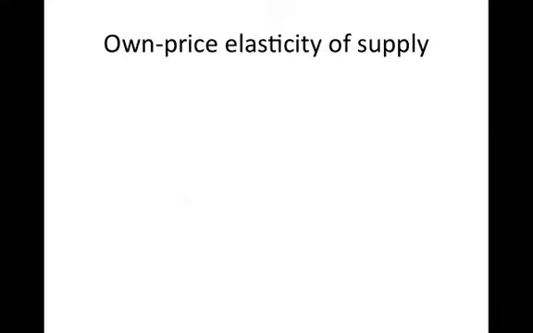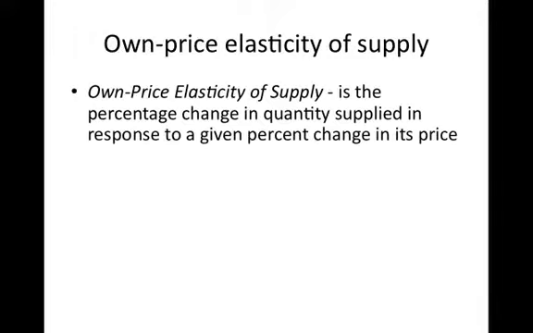And this gets at the notion of what an economist calls an elasticity, and in particular, the own price elasticity of supply. And all the own price elasticity of supply measures is the percent change in quantity supplied in a market given a percent change in price.